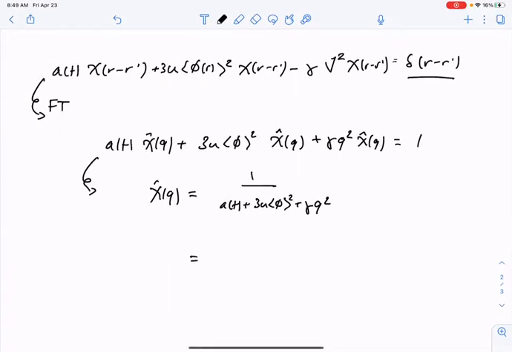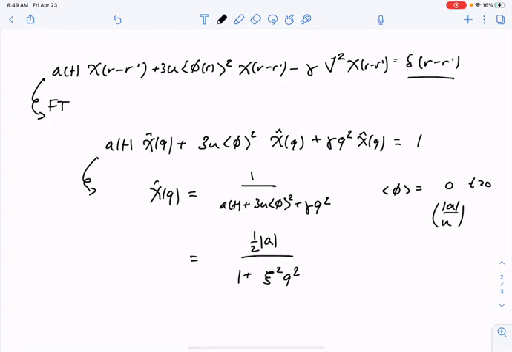To put it in the form we've seen before, I can take a 1/2 magnitude of a times 1 plus chi c squared q squared, noting that the average of phi is 0 for t greater than 0, or minus c t for t less than 0.